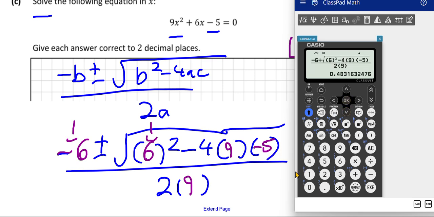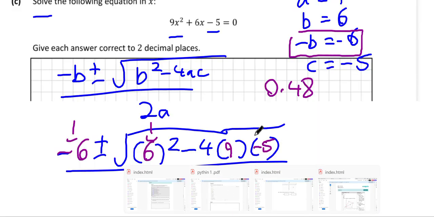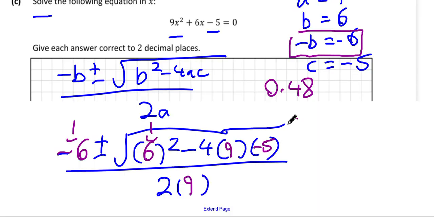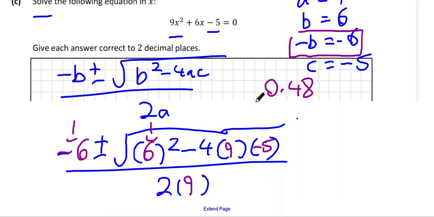Who got a 0.48? Well done. You're better than me, Gus. No, 0.48, same as 48. Do you say it's 483? Yeah, 3 rounds down. 83 is closer to 80 than it is to 90, so it's definitely 0.48.